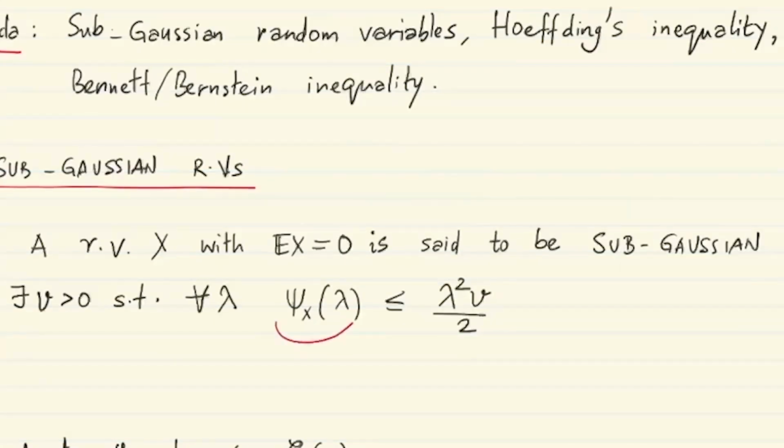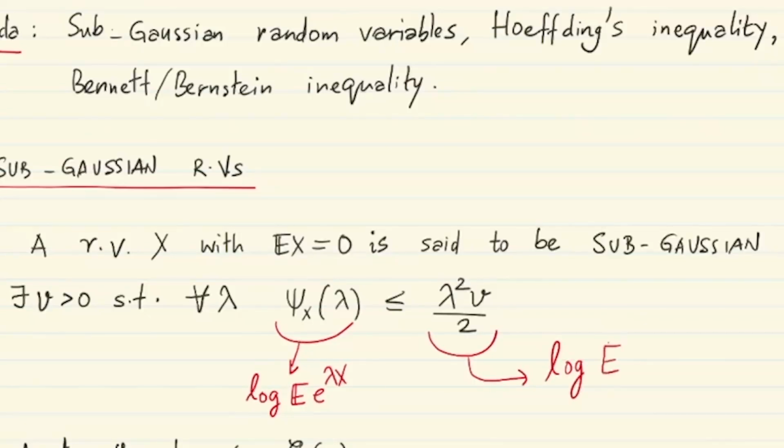Just to refresh your memory, C_x of lambda is the log moment generating function of x at lambda, and if you recall, lambda square v by 2 is actually the log moment generating function of a Gaussian random variable. So e raised to lambda g, where g is distributed as normal with mean 0 and variance v.